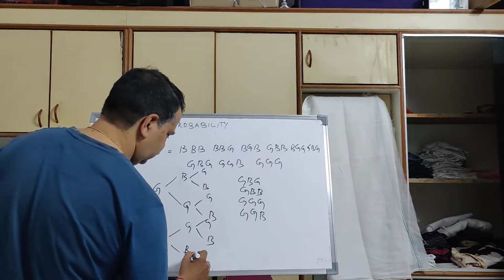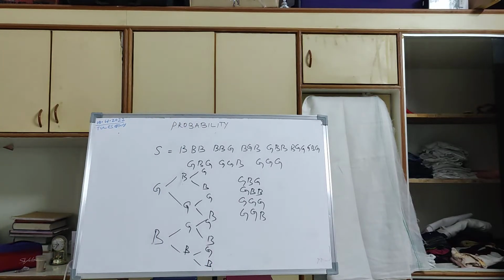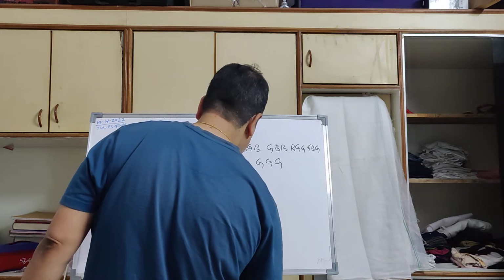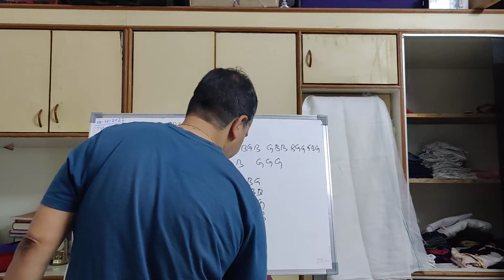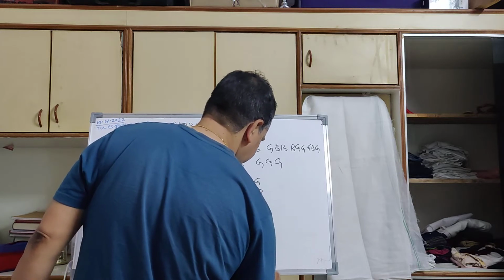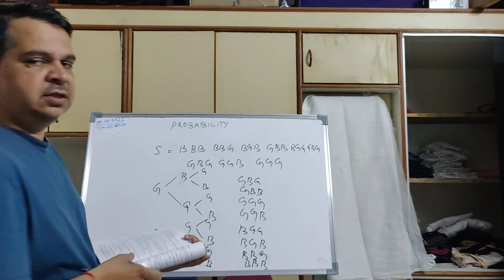So if you analyze, it will be BGG, BGB, BBG, BBB. So this is what we have got, 8. This is the total sample space.